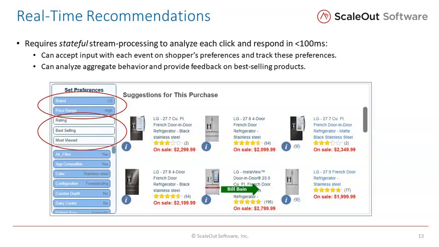Now, we also can feed back to them aggregate statistics of what are the best-selling, the most viewed products. This is an example of feeding back real-time aggregate statistics gathered using data parallel computing. In addition, we can let the shoppers tell us about their preferred brands and features for a given product, and we can track that as they click through various products and help refine our recommendations.